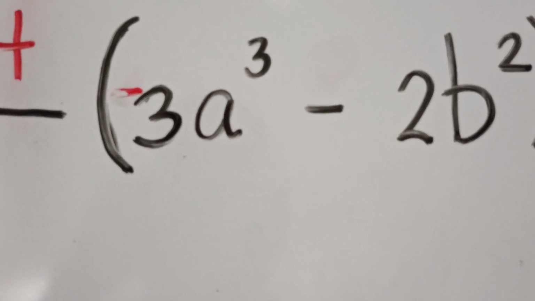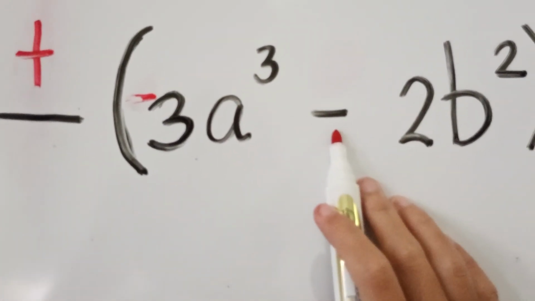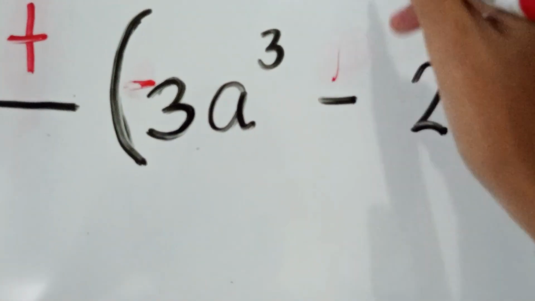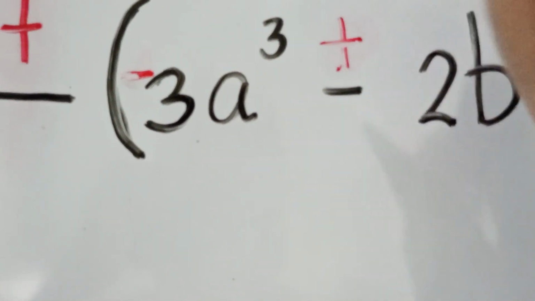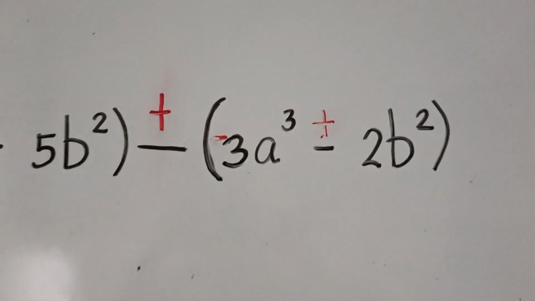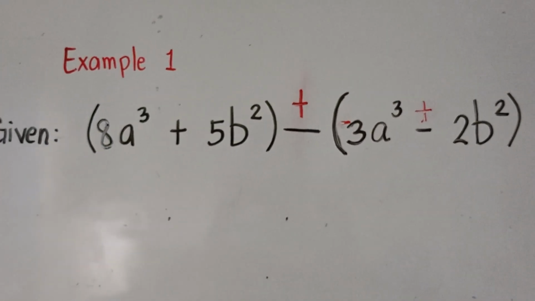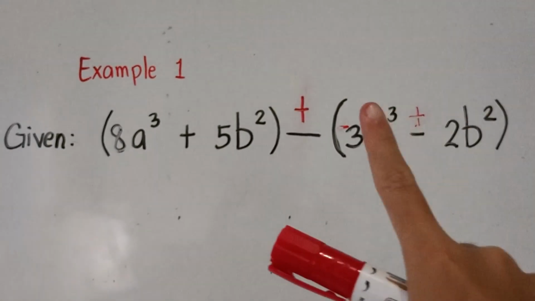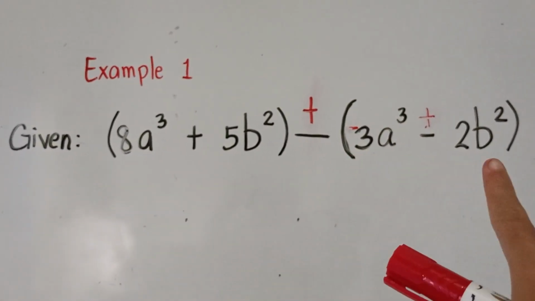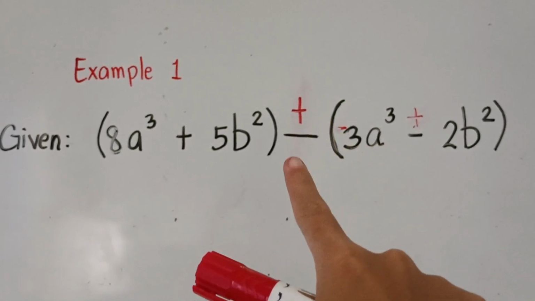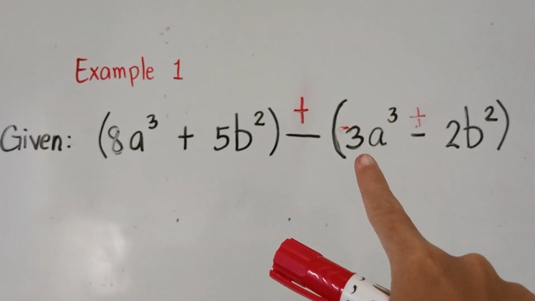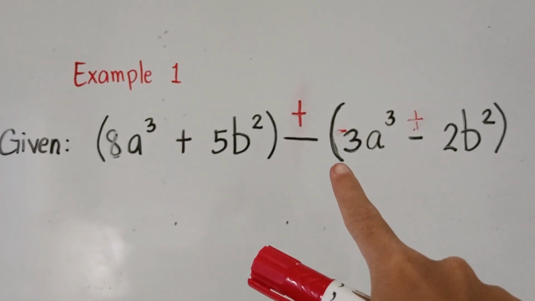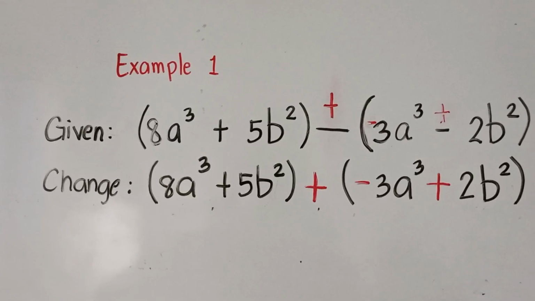And we have here negative 2, so since it's negative, we will change that one into positive. So again, the minus sign was changed into plus sign, and the signs of the subtrahend were changed into its opposite sign.